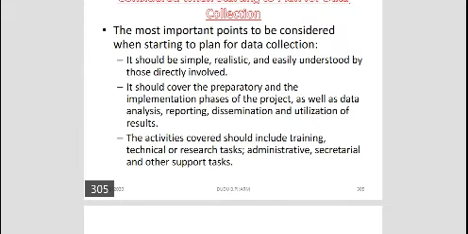So the budget also should be there for capacity building, because you have to build capacity for your team to carry on the research. So when we say training, let's say what is this training for? This training stands for this. And technical research tasks, administrative, secretarial, and other support tasks are very common in every step of research that we're taking.